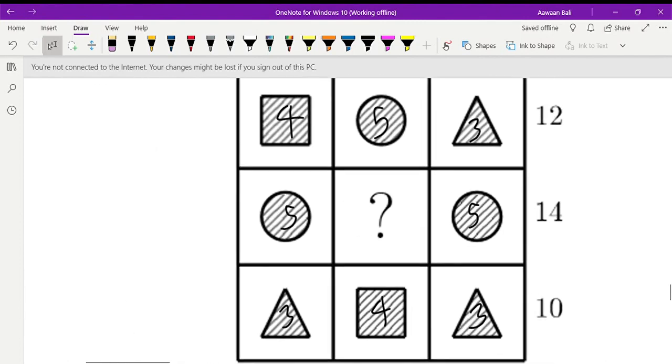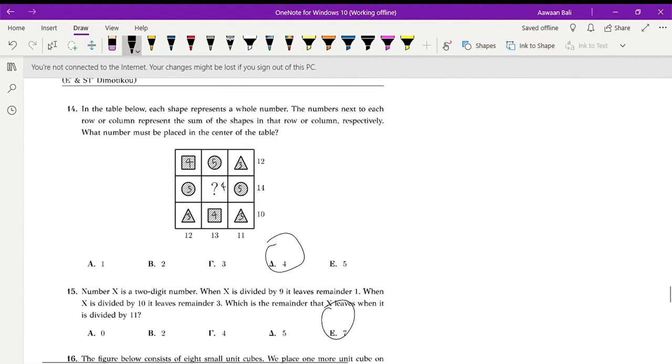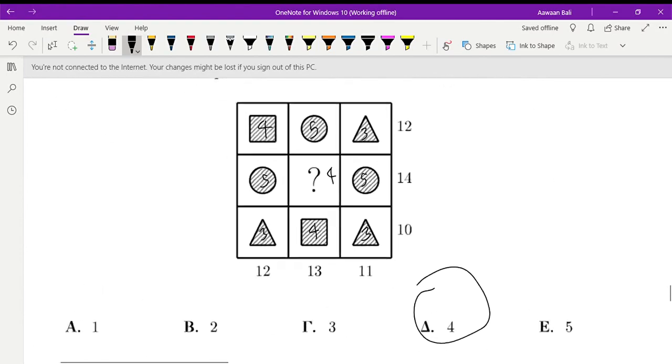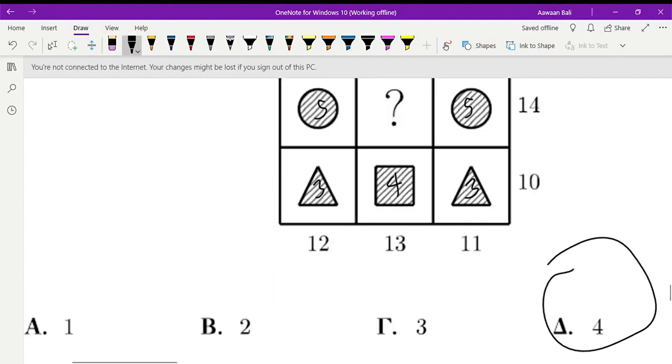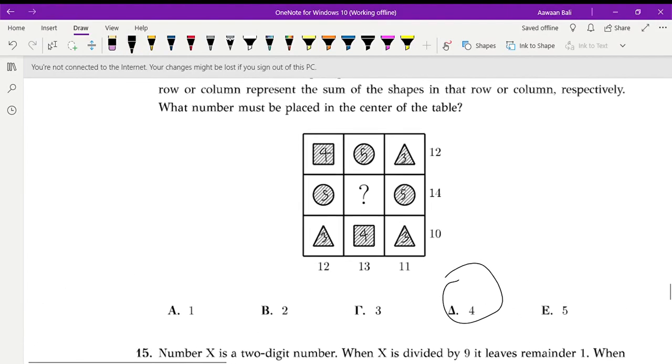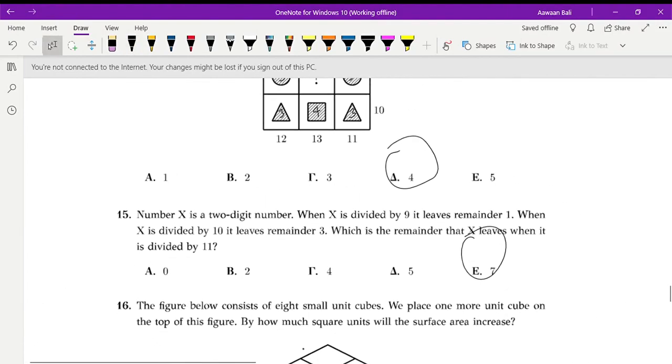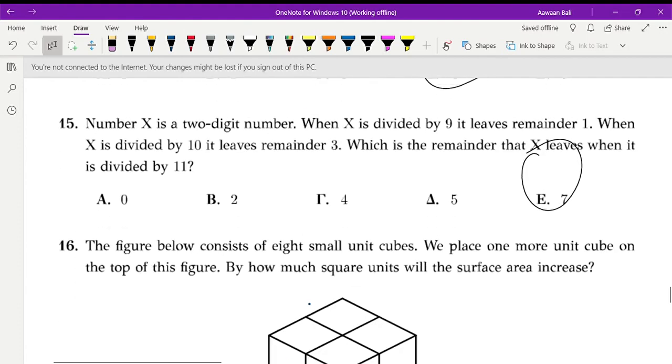Once you substitute all the values, there's 5 plus 5, 10. 14 minus 10 is 4, which means 4 will go there, and that's actually a square. So you could say the answer is delta, 4. It's D, basically. Now, number x is a 2-digit number.